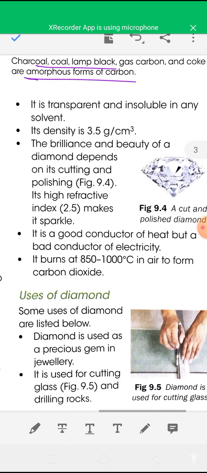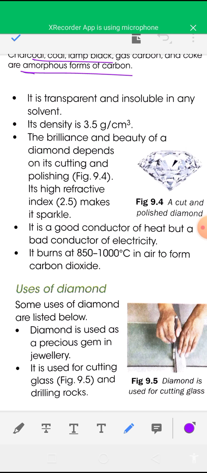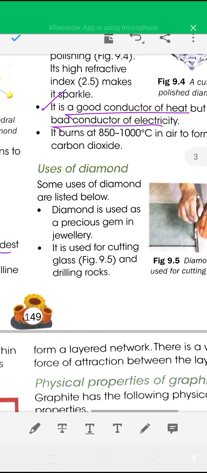It is transparent and insoluble in any solvent. It is a good conductor of heat but a bad conductor of electricity. Now see the uses of diamond.